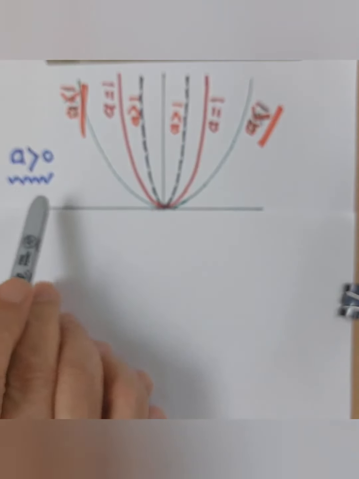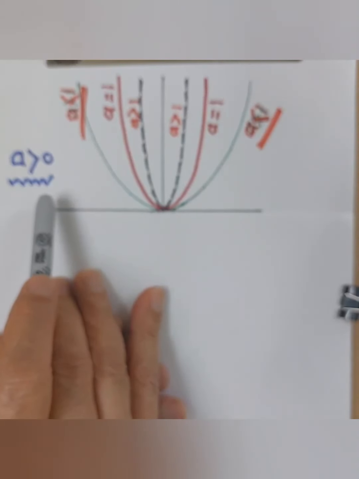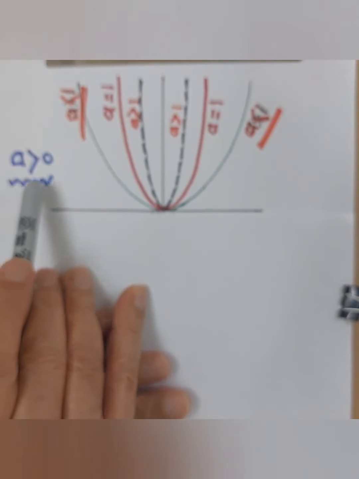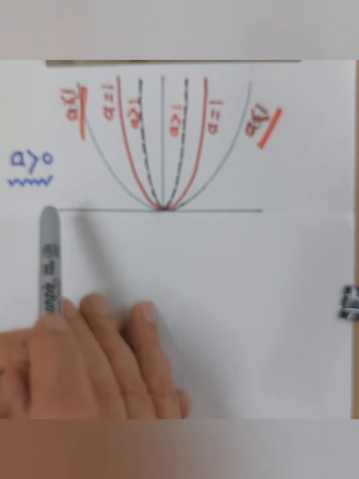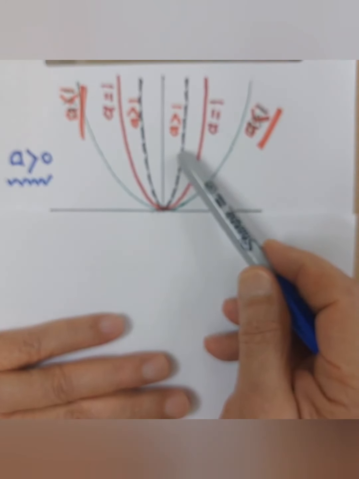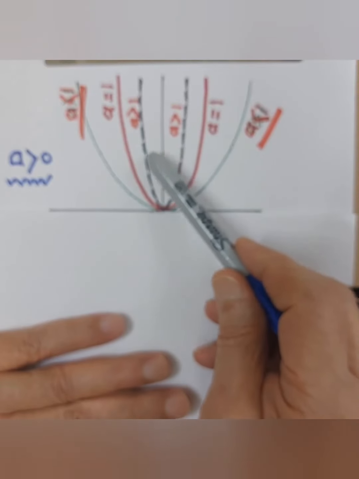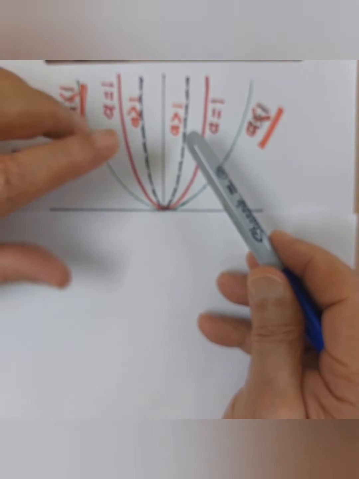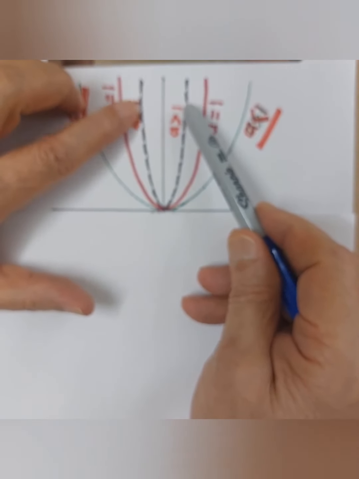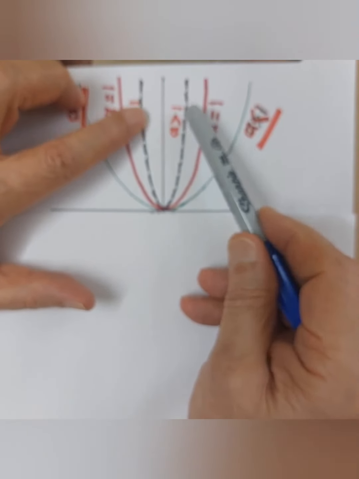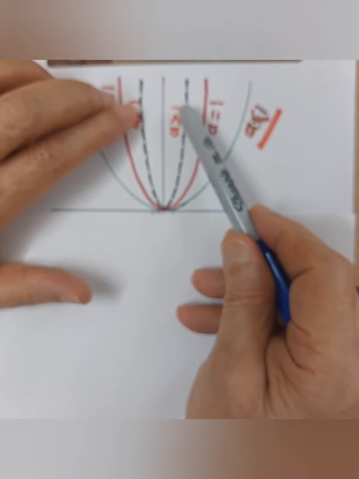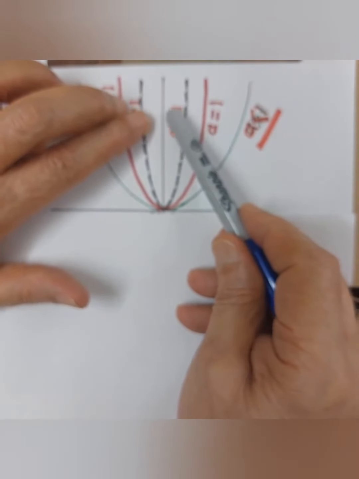Let us take this note about the value of a when it is positive. In case a is positive, we see here its value affects the shape of the graph, because when it is positive and bigger than 1, the branches of the graph are very close to each other. As a increases, the graph branches come closer and closer.